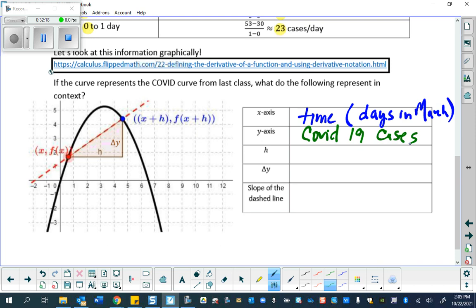What does H represent? I heard it here. Yeah, the interval that we're talking about. What did I refer to it casually as? It's 296 although that's not casual. I talked about it as that chunk of the x-axis, right?